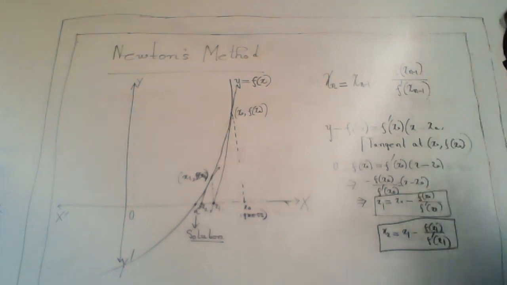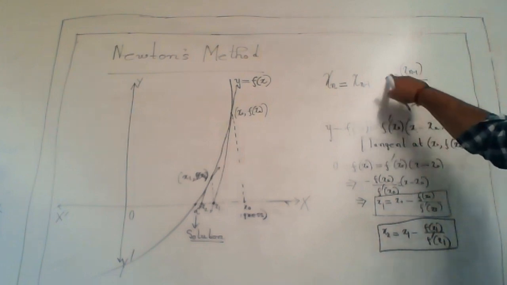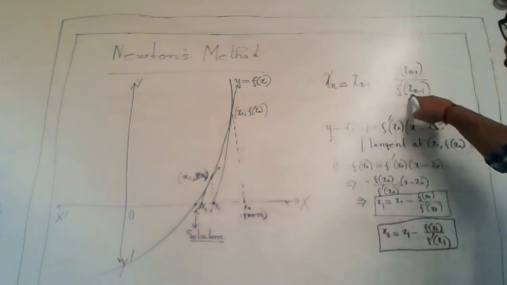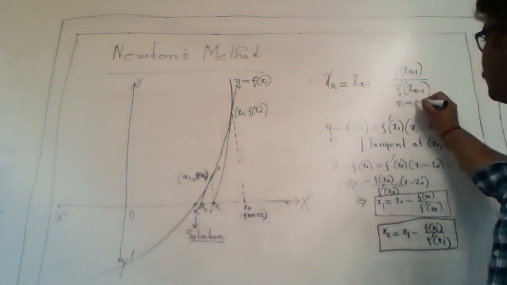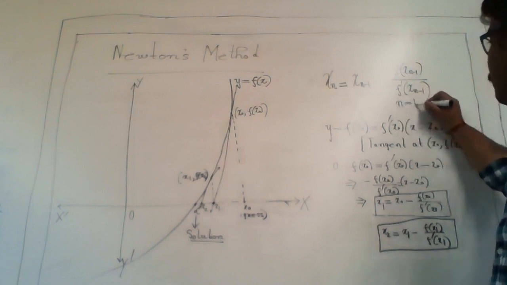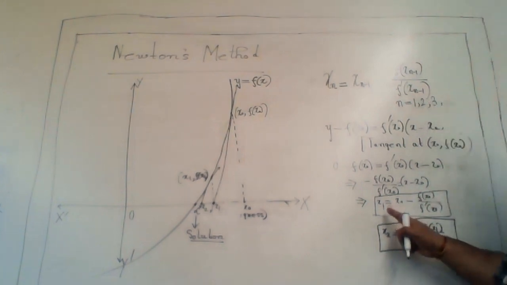So this is the general formula. So putting n equals to 1, 2, 3 and 4 and so forth, you can find out all the numbers x1, x2.